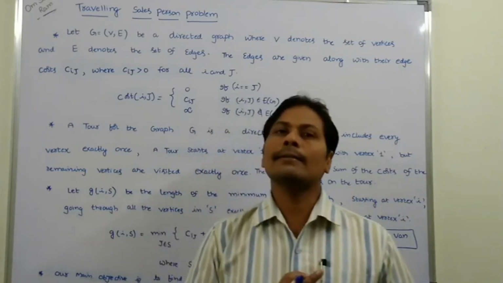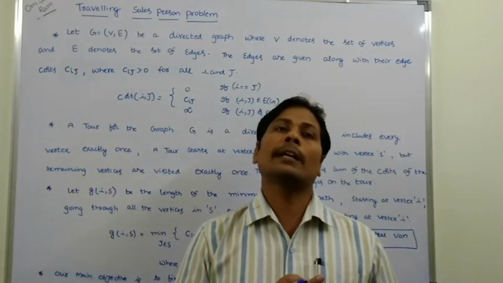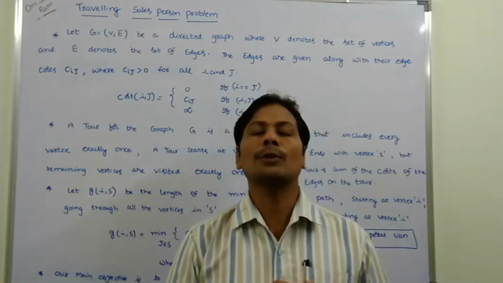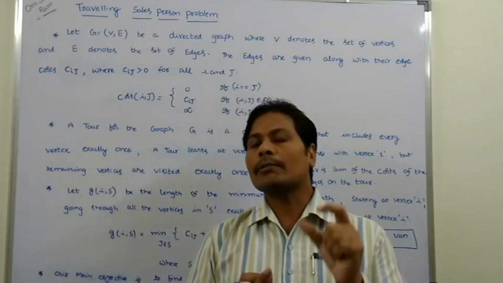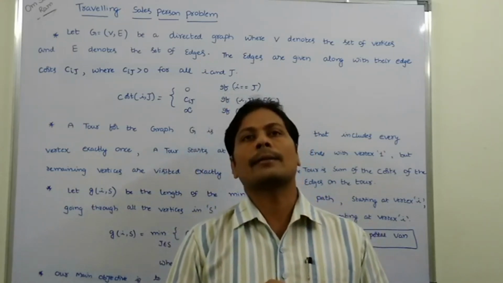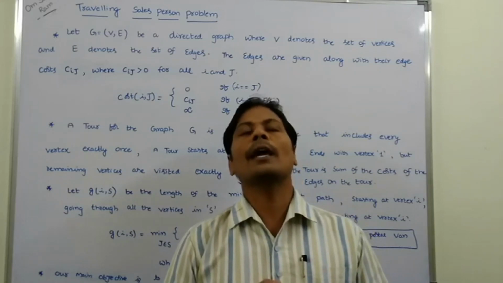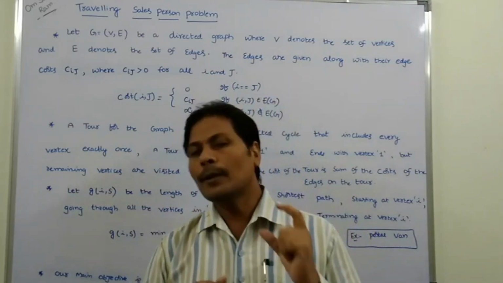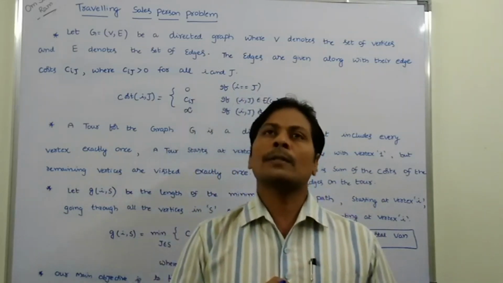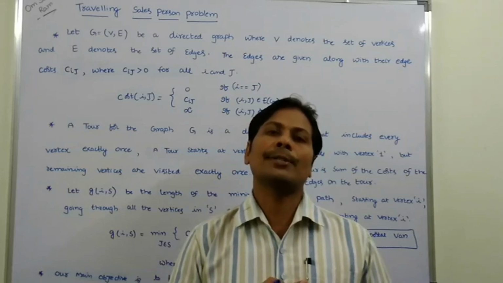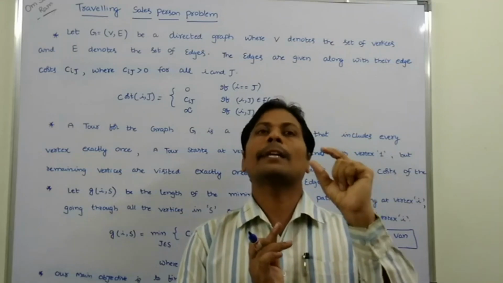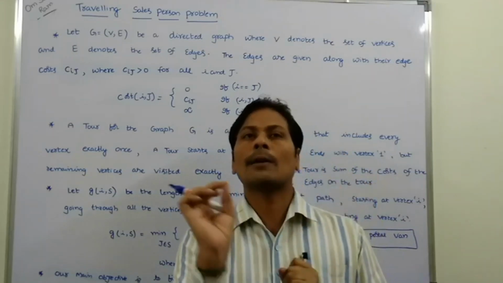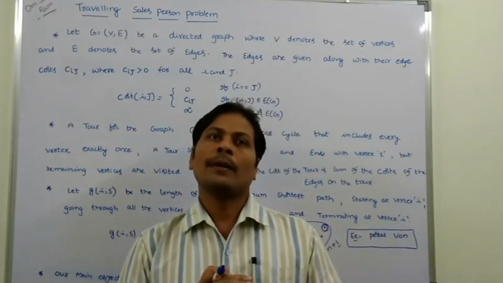First, in the traveling salesperson problem, for the given graph, we have to construct the adjacency matrix. To construct the adjacency matrix from the given graph, we have to follow some rules. Suppose there is a direct edge between two vertices. That weight represents the cost of the edge.